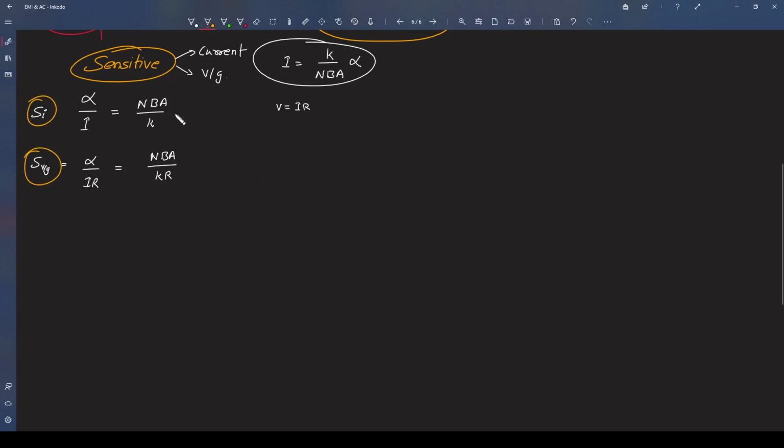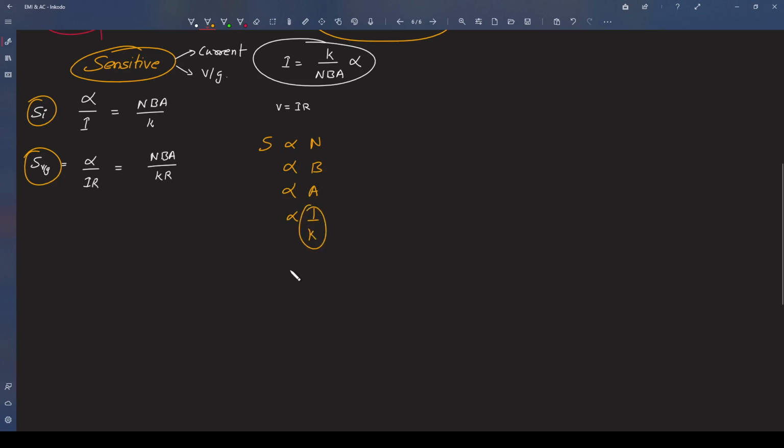So here you can see, the more the number of turns, the more deflection per unit current you will observe. So this sensitivity is directly proportional to N, directly proportional to the magnetic field, directly proportional to the area of cross section, and inversely proportional to the spring constant.